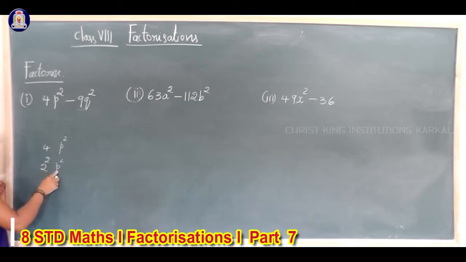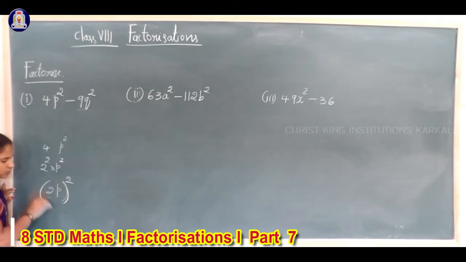So now this can be written with the same power, right? So this can be written as 2p the whole square. Clear? 4 can be written as 2 square and p square is given. Write p square as it is. See the exponent, the exponent is the same. So 2 square into p square can be written as 2p the whole square. Clear?